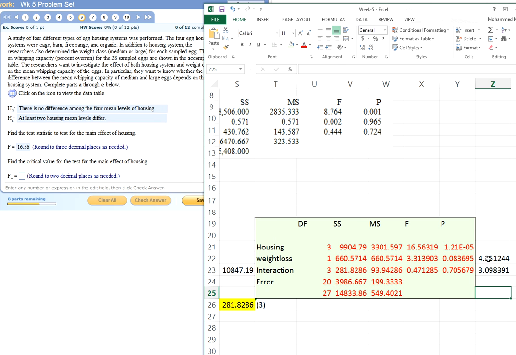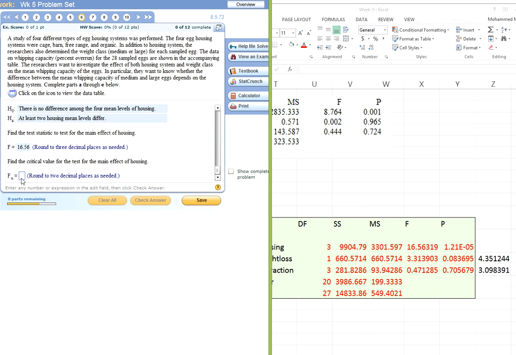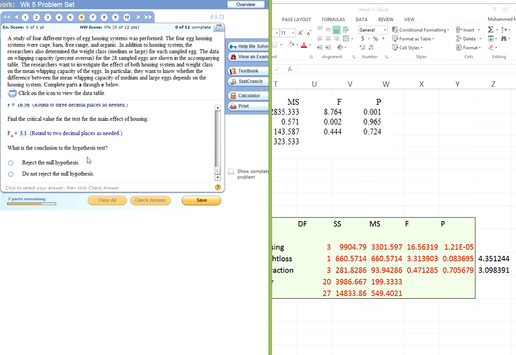No, F alpha should be the same as here, 3.09, because for housing the degrees of freedom are 3 and 20. So it should be the same, 3.1. So F alpha is 3.1. Check answer, yes. Okay, so you're going to do the same thing.